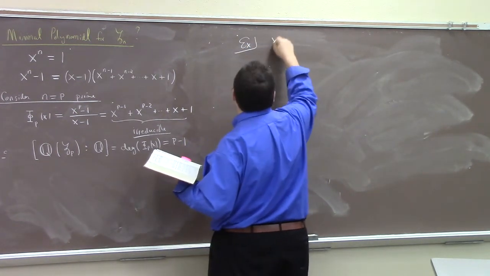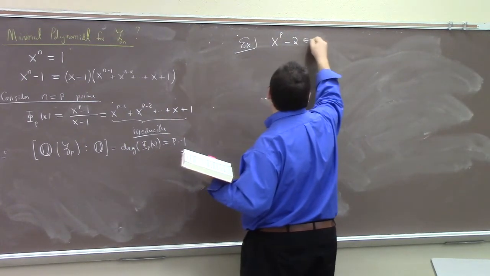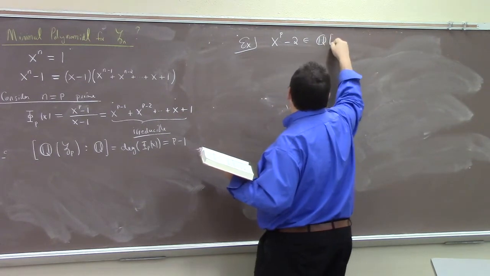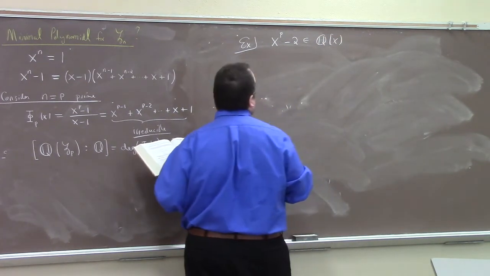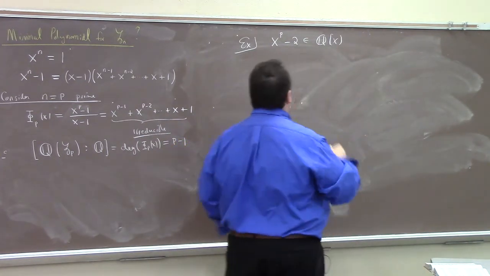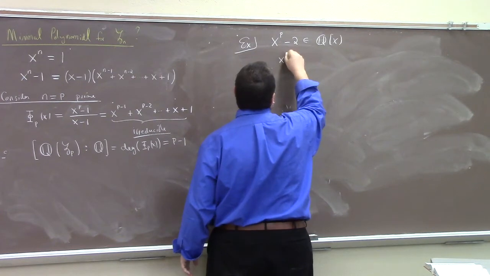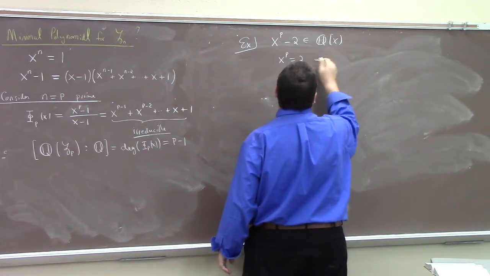We have x to the P minus 2. Let's talk about the splitting field of this. What are you trying to solve? Really, you're trying to solve x^p equals 2, and I'll put an alpha here.